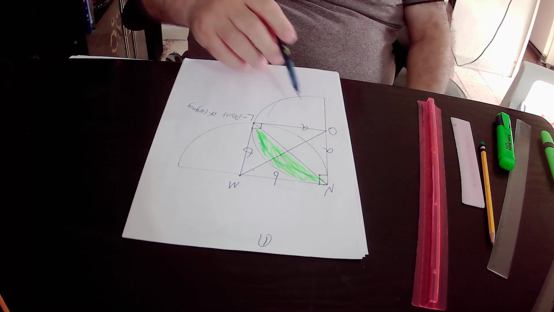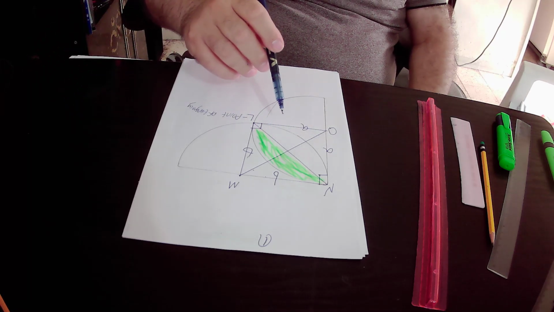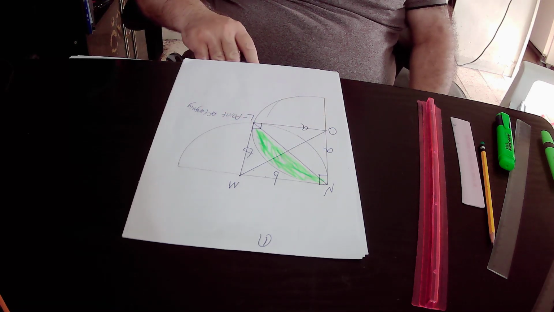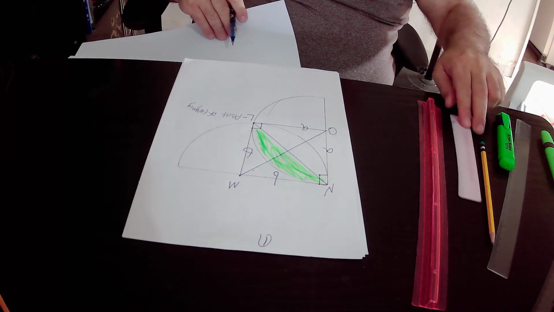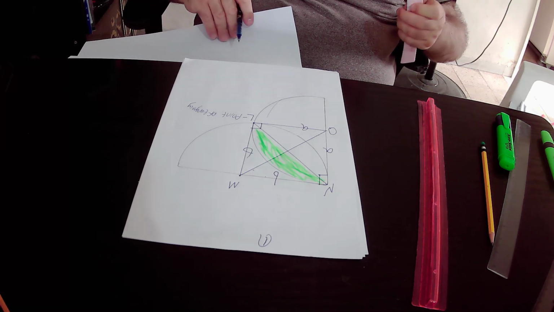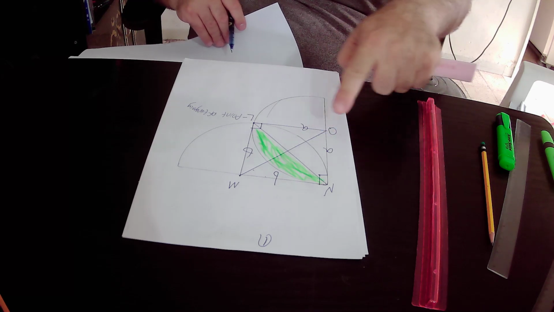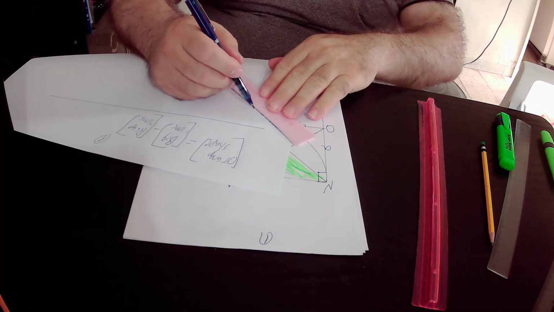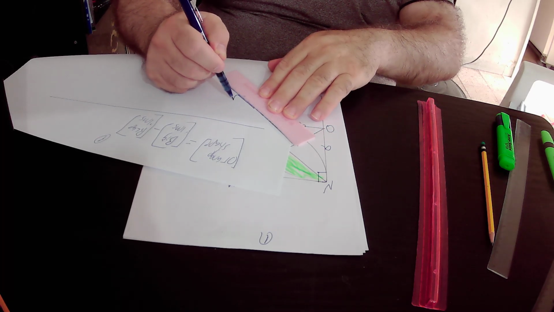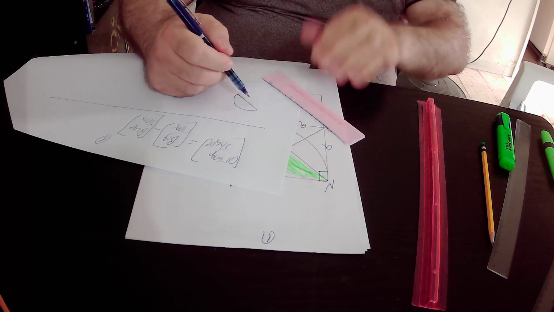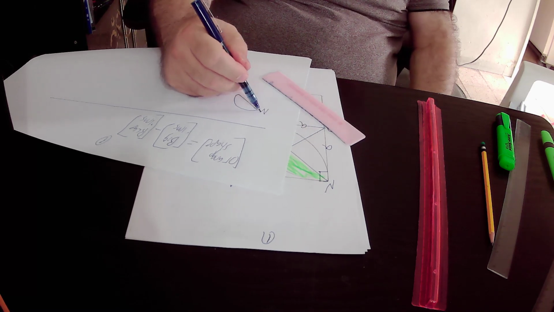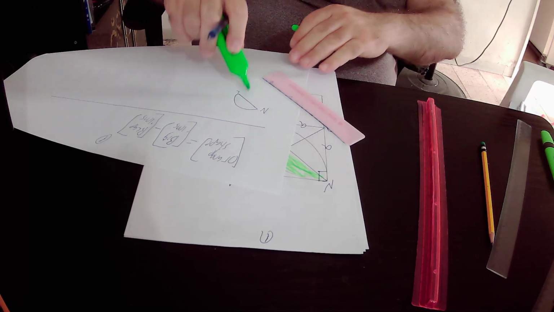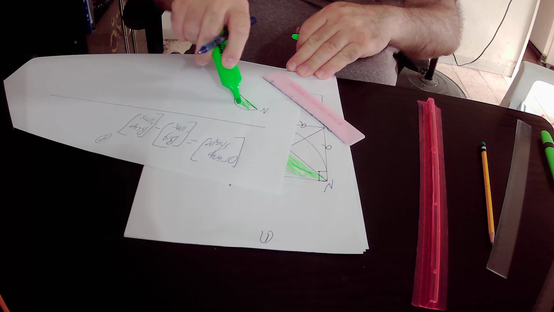So what is the area of this upper circular segment, the green shape of this lens? It's actually the upper circular segment of the lens.